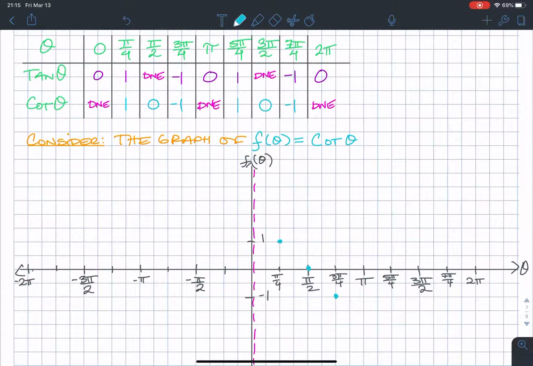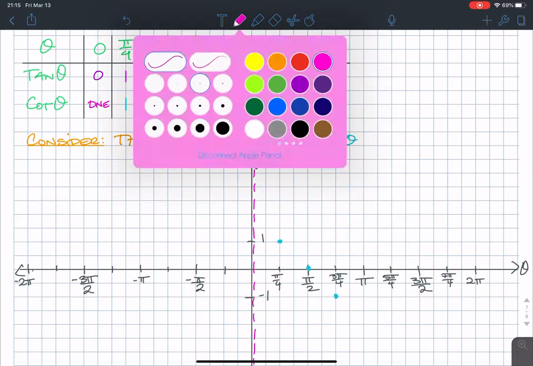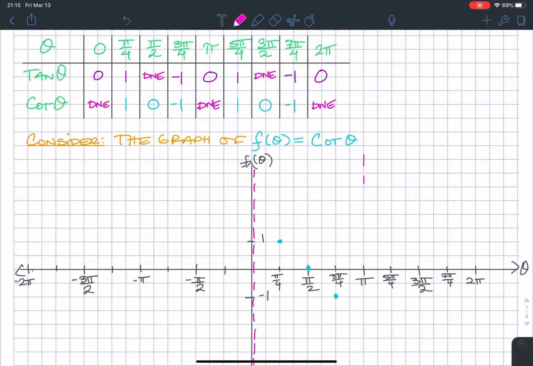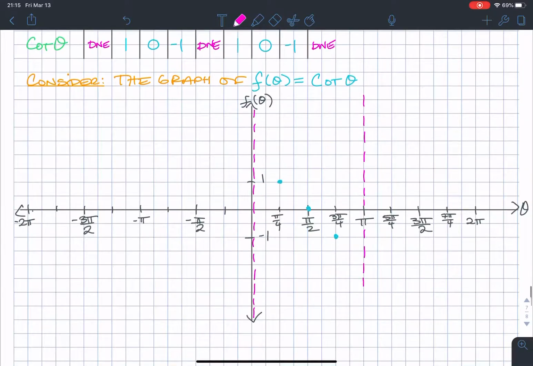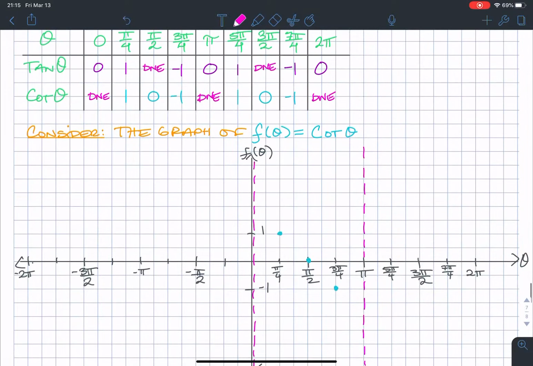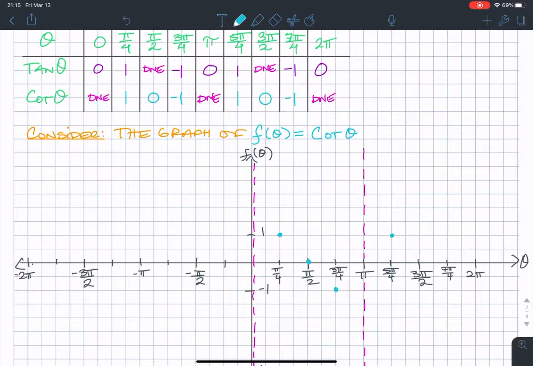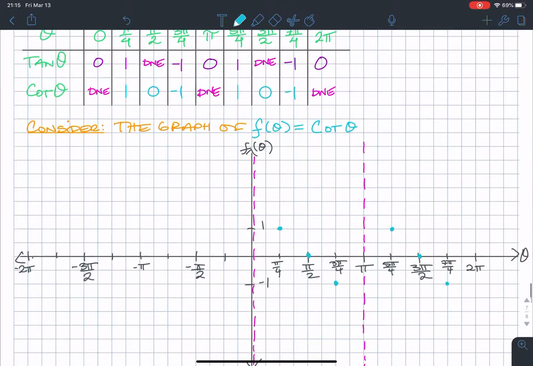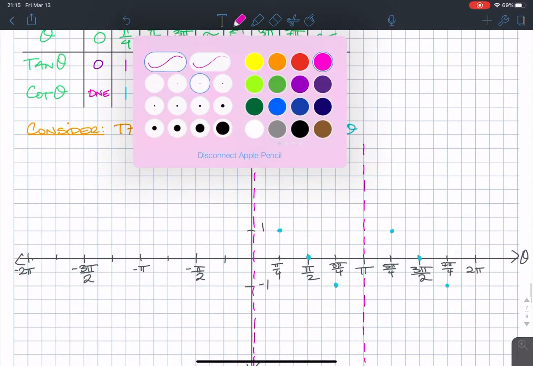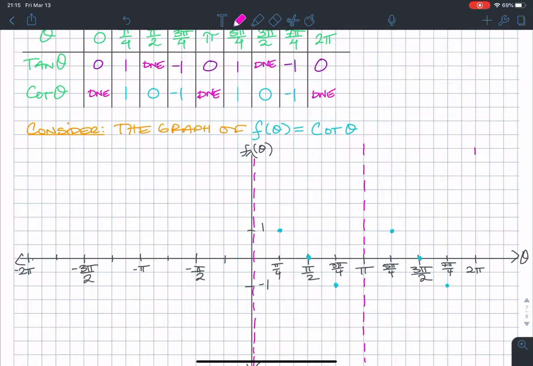And then cotangent of pi does not exist again. Hence, there is a vertical asymptote at pi. And at 5 pi over 4, I'm back to positive 1 for cotangent. Then at 3 pi over 2, I'm down to 0. And at 7 pi over 4, I'm down to negative 1. And full circle, I have a does not exist, or division by 0, vertical asymptote.